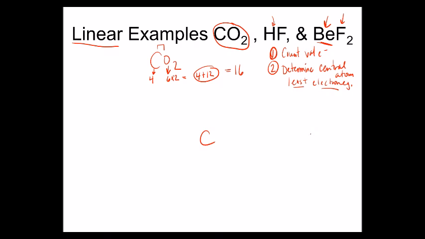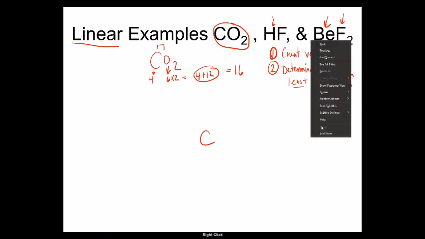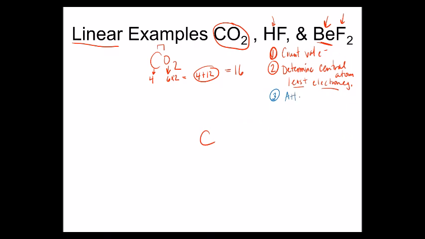Now, while I switch pen colors, you guys can figure out, what do I do next? What is the next step here? Attach the... I'll give you the first word. Attach the ligands. Yes, we're attaching the ligands. What are the ligands?